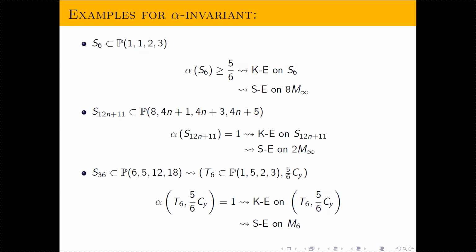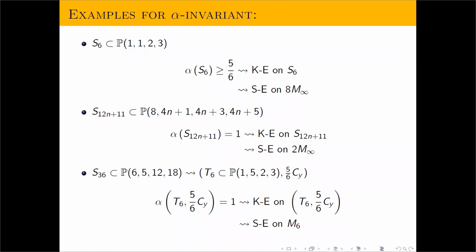So 6 is the ramification index, and C_y is the branch divisor. C_y means, since I always use the weighted homogeneous coordinates x, y, z, w, this one is given by y equal to 0, this section.